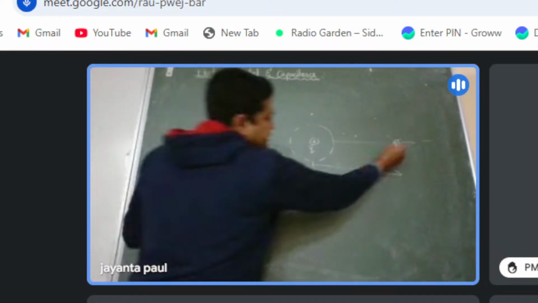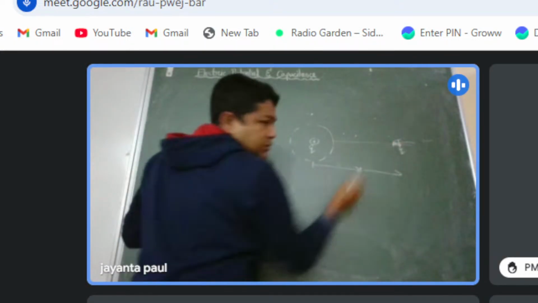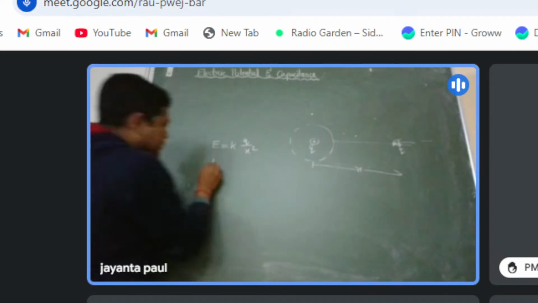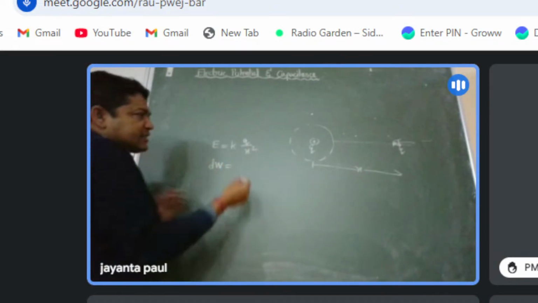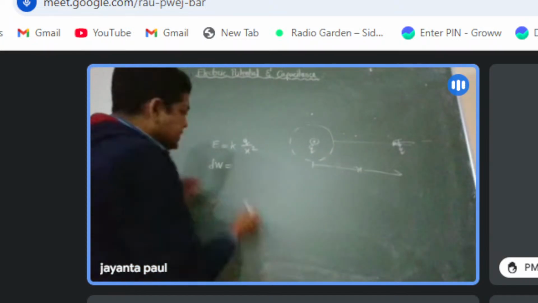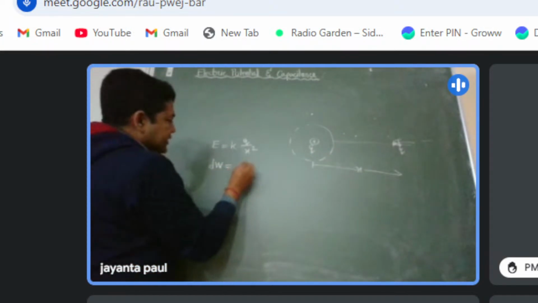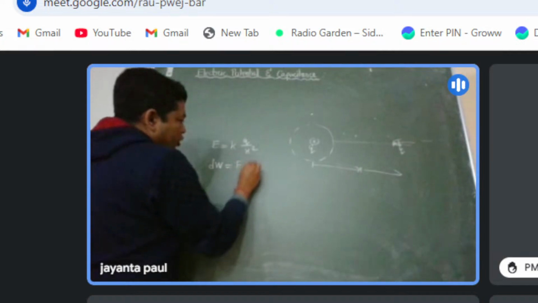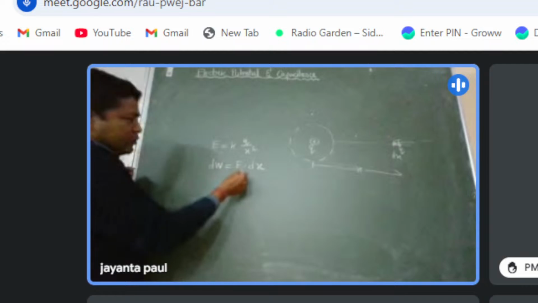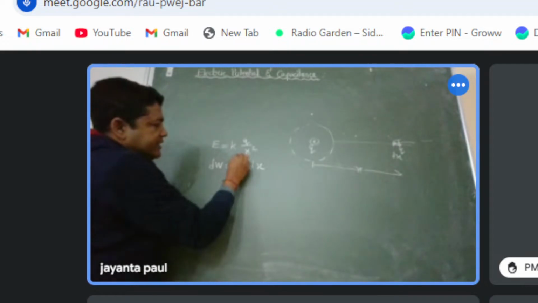So at that point, suppose a small work done is involved. That small work done, say dw, is involved in bringing the test charge a little bit more with uniform motion. So that work done is actually F dot dx, if the displacement is dx.